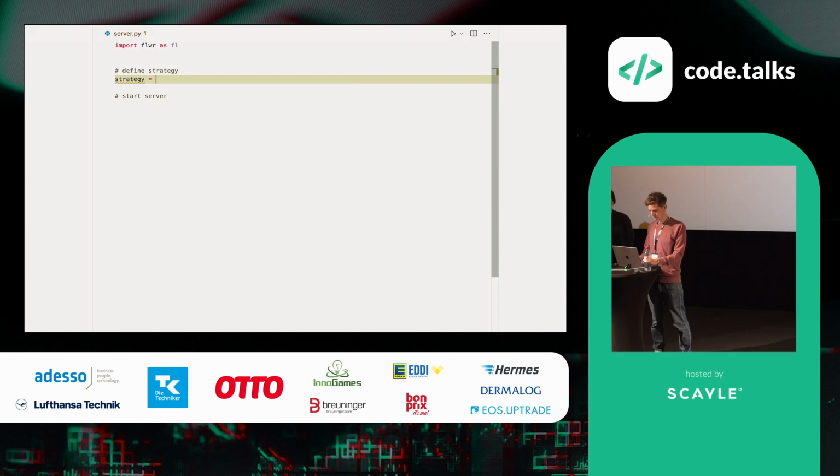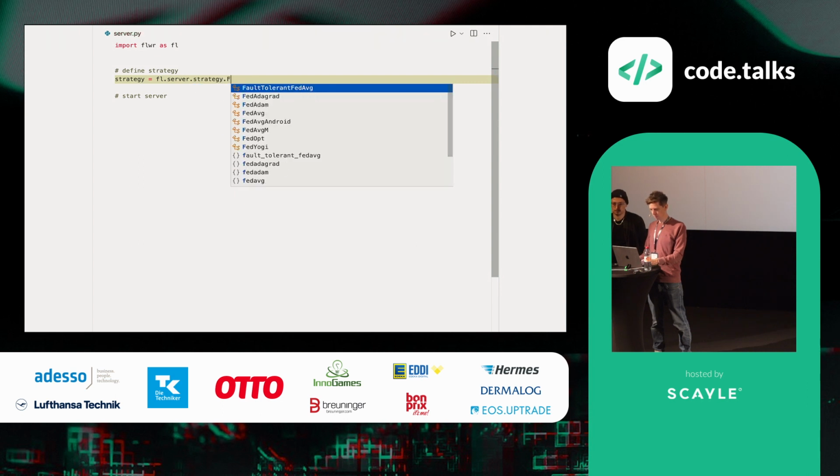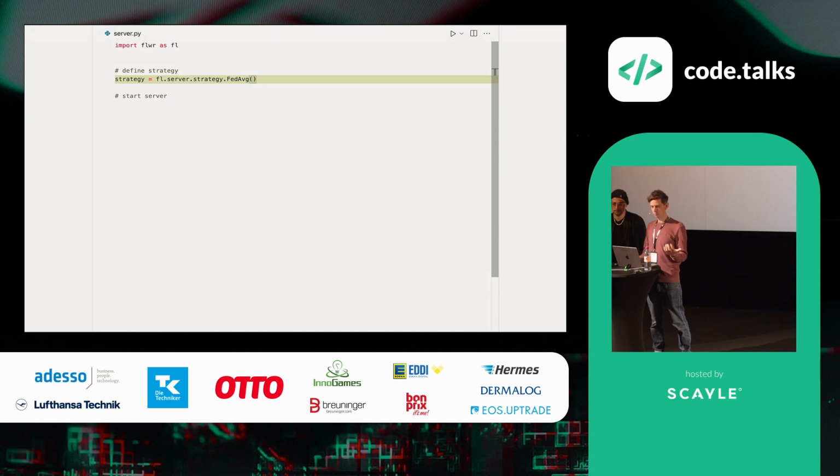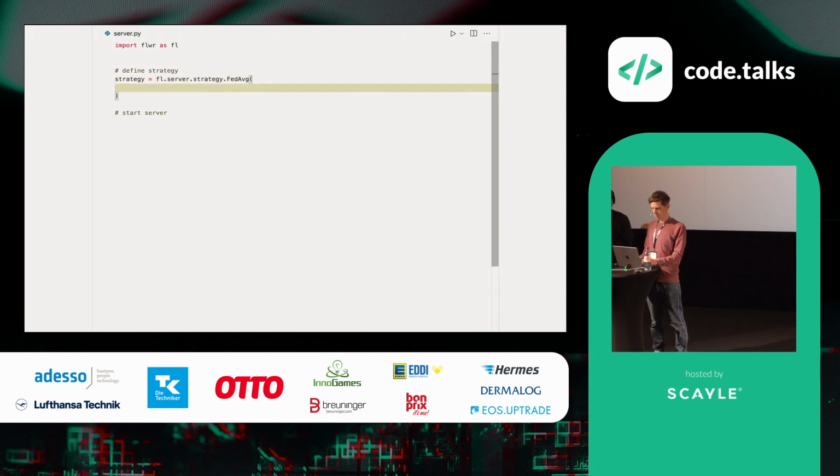So let's define it. And Flower just brings a lot of strategy classes prepared, so we don't have to do too much here. So we choose the federated averaging, and the most important parameter for us here is the minimum available clients, because we want to wait till all 4 hospitals are connected before we start our training round.